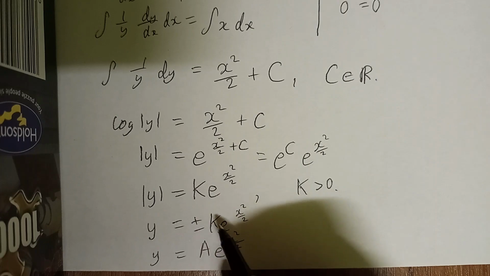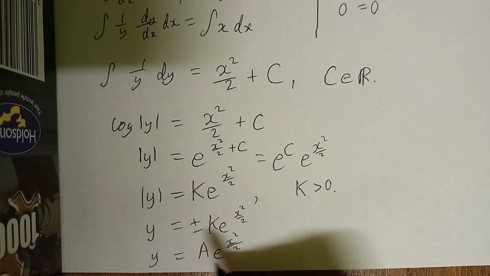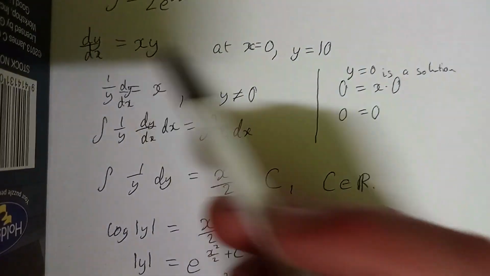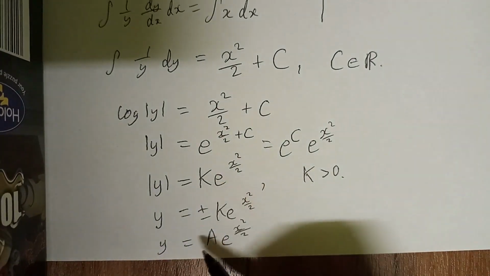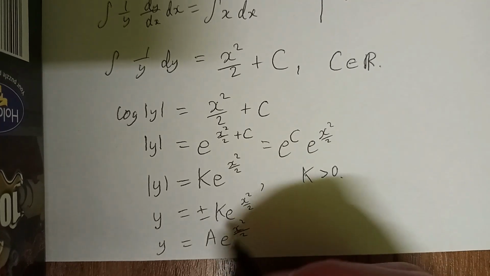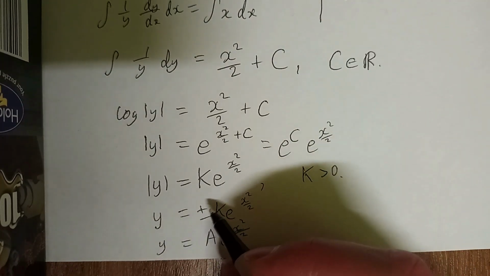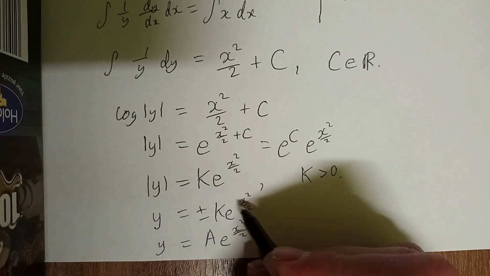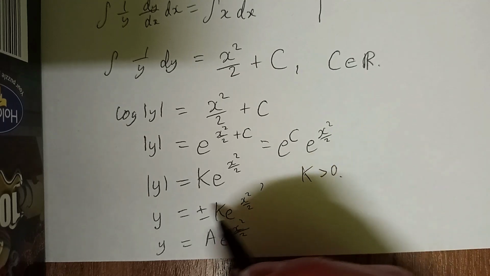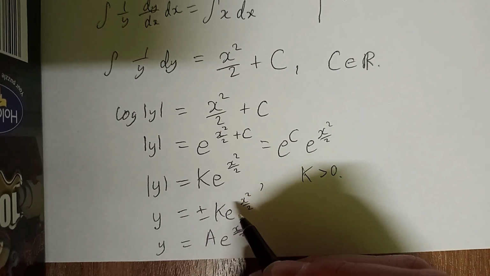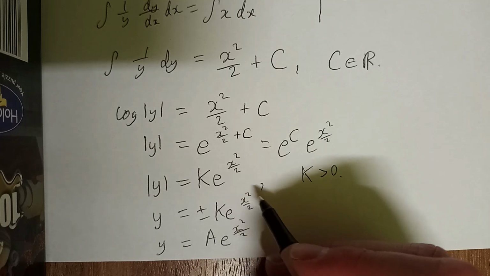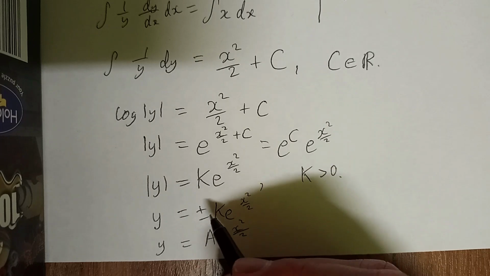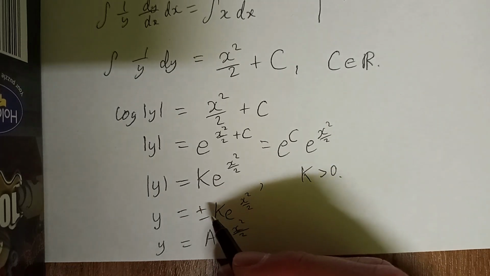And if we're only considering this solution, then it can't actually be 0. But remember before we had that y equals 0 is a solution to the differential equation. So we can actually allow a to equal 0. If we had restricted a from the statement that y equals plus or minus a positive constant times the exponential function of x squared over 2, you would only get positive or negative coefficients.